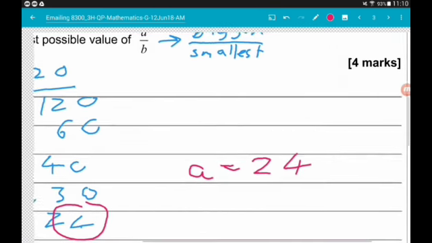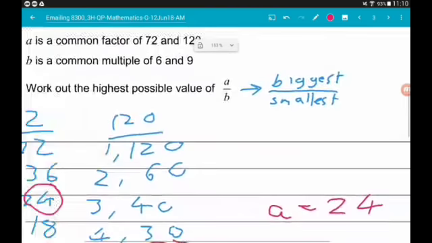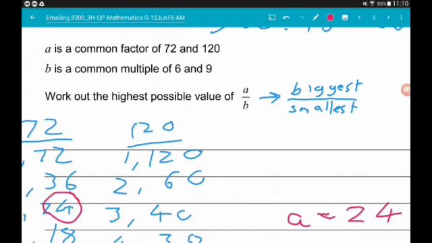Okay, then for B is a common multiple of 6 and 9. Now we want the lowest common multiple of 6 and 9 because we want the smallest number for B. So what's the first number that 6 and 9 both go into? It's 18.